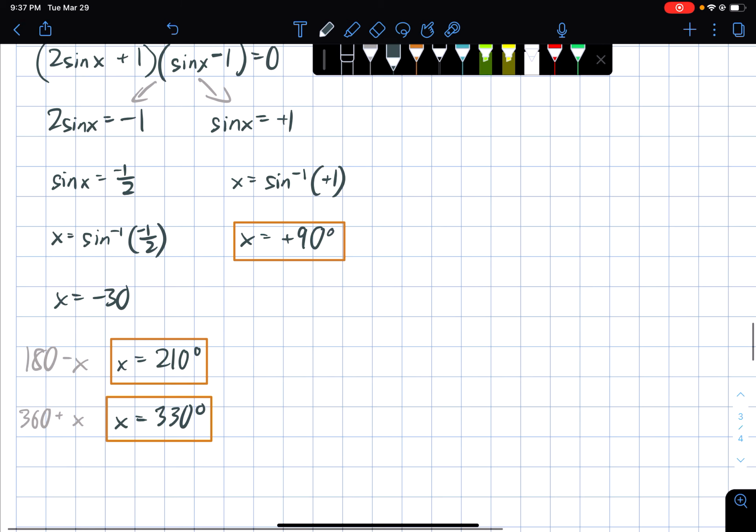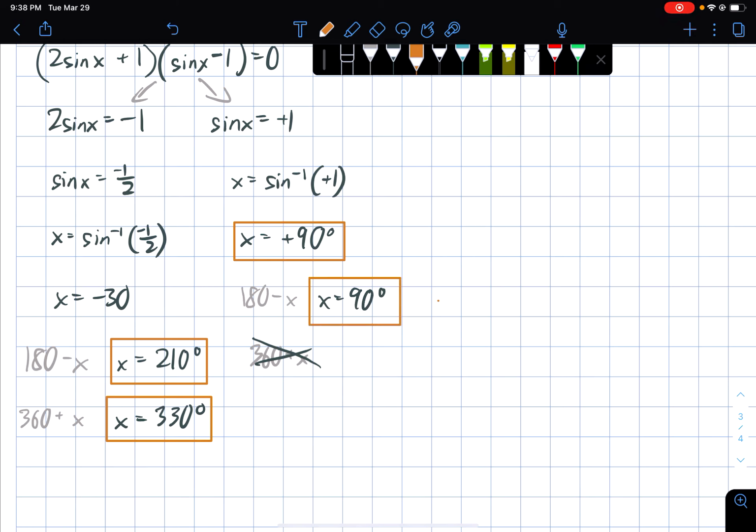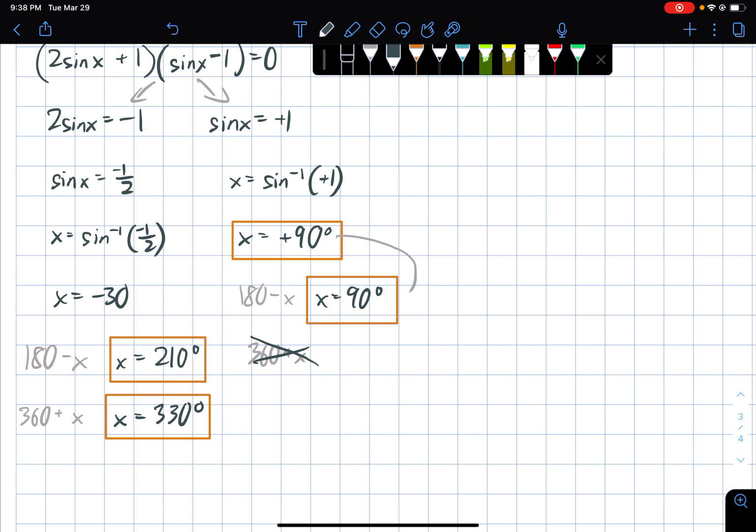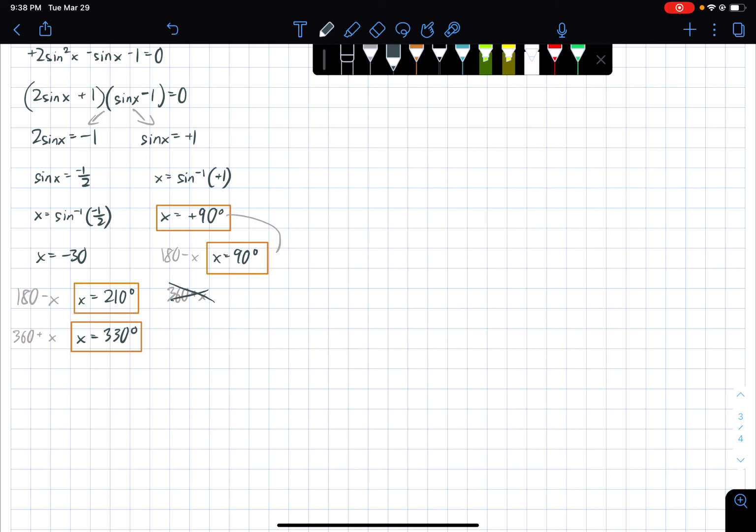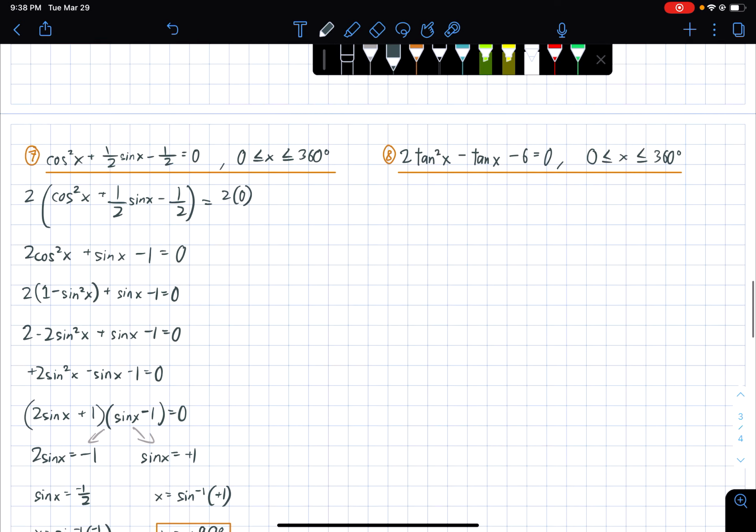For sine here, 180 minus x is equal to 90 degrees. 360 plus x, or 360 plus 90, that's beyond the specification, so that's not part of our solutions. So again, we have the same value for x. You can write them as 1 or just leave them as is. So yeah, that's it. Let's move to number 8.